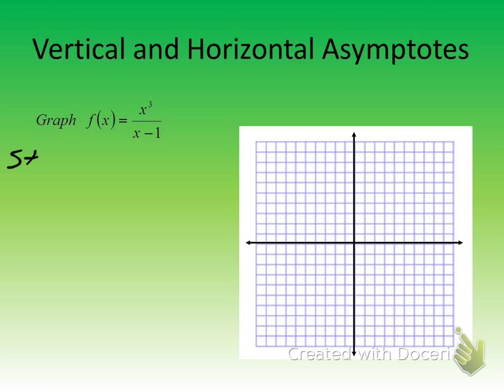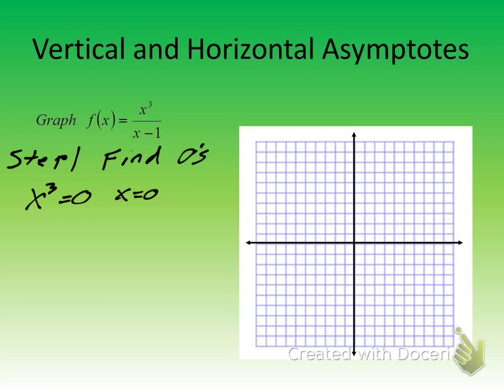So step 1 for any of these is to find the zeros. That's where your numerator equals 0. So x cubed equals 0, which means you cube root both sides, so the zero is at 0.